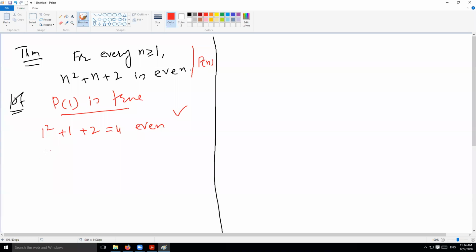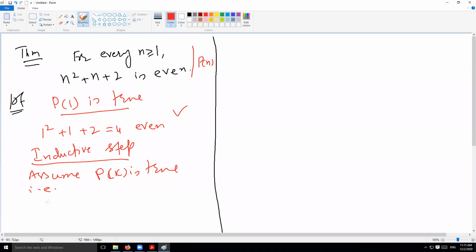And now let's do the inductive step. In the inductive step, we have to assume that P of k is true. That is, k square plus k plus 2 is even.